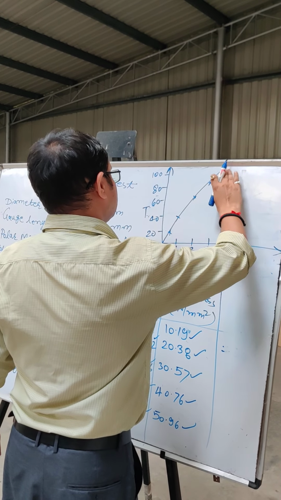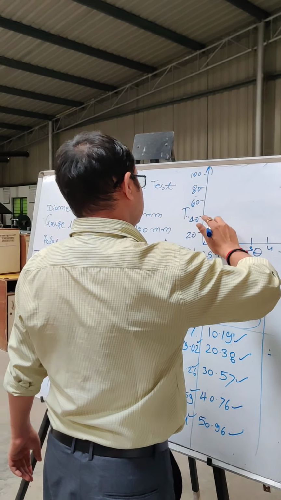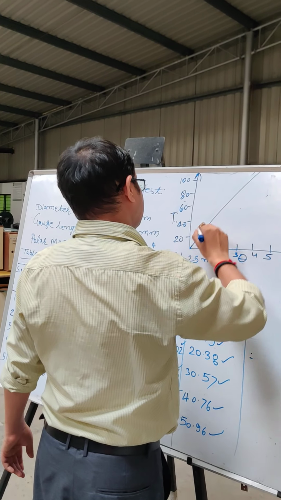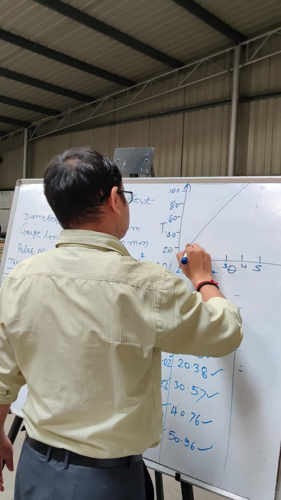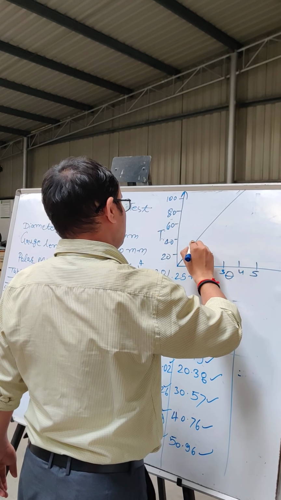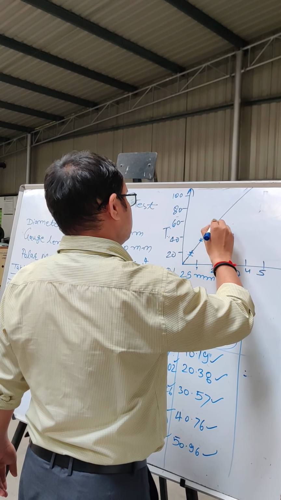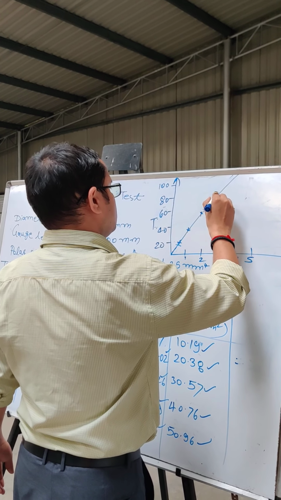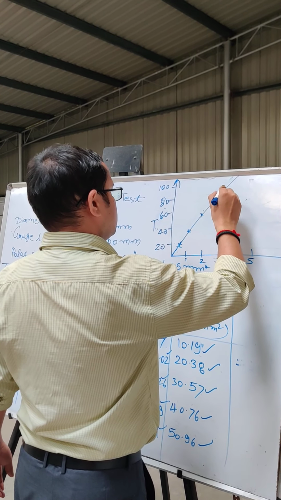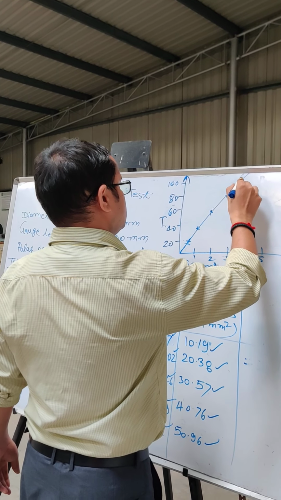You can see this is a simple straight line, with points 0.5, 1, 2, 3, and last is 4.